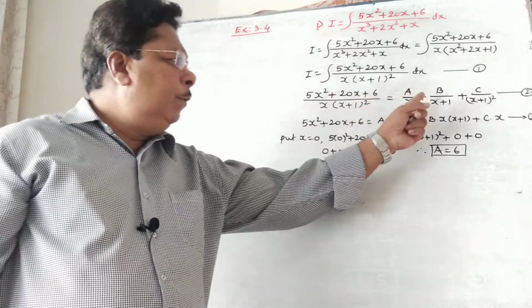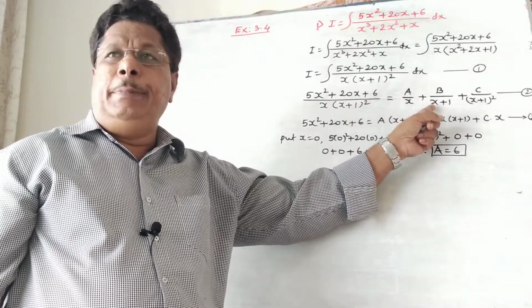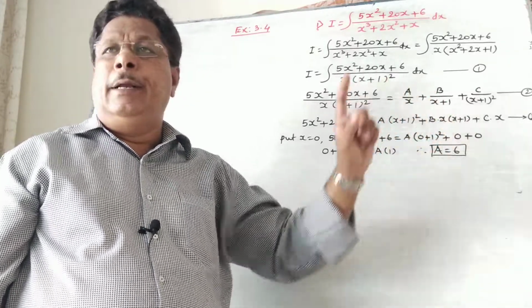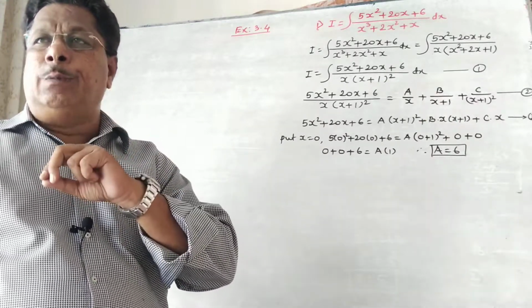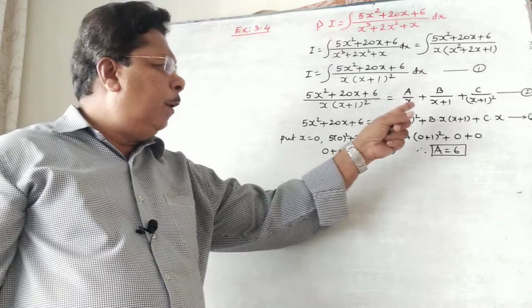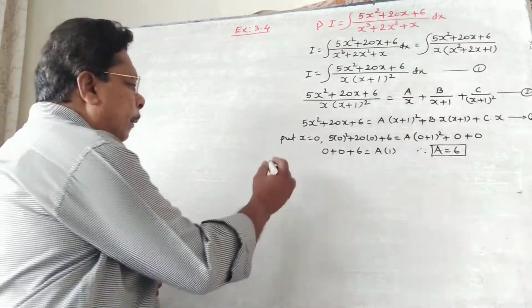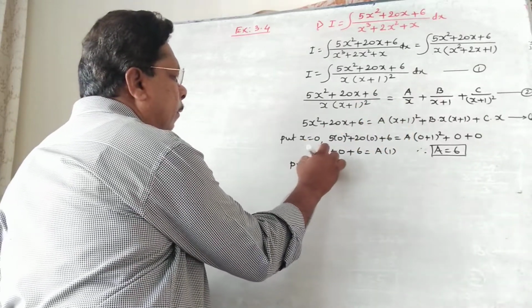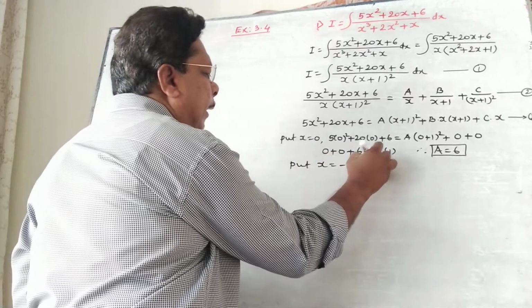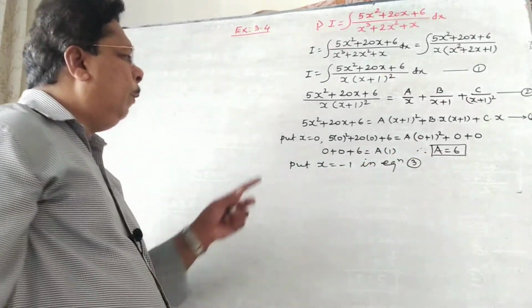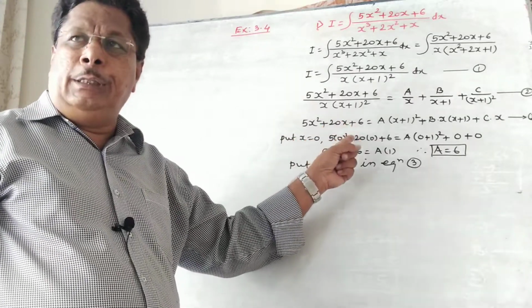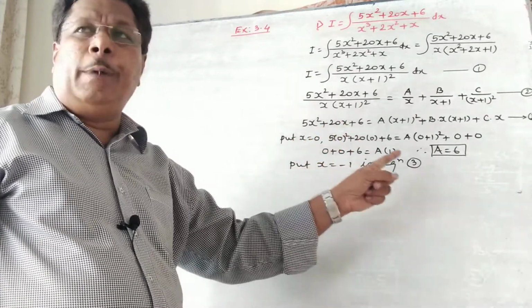Now second, observe the denominator of B. The denominator of B is x plus 1. Take x plus 1 equal to 0, and you will get x equal to minus 1. Put x equal to minus 1 in equation 3. First we put x equal to 0 in equation 3, secondly we are putting x equal to minus 1.